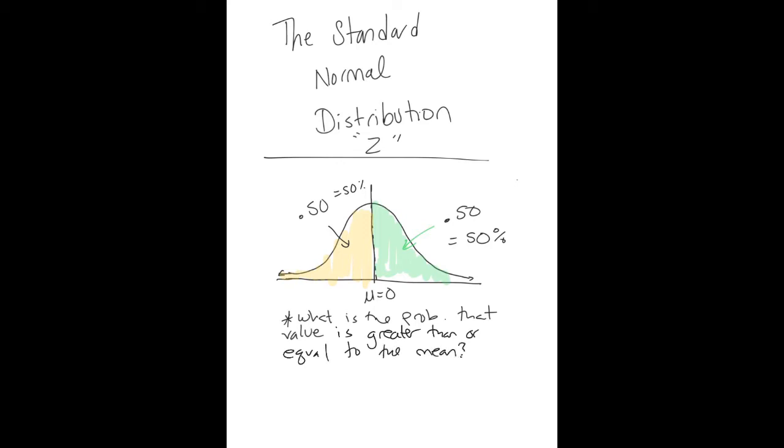So basically, if we look at the distribution, here's the mean, and if we're looking for an area greater than the mean, well, that's the 50% or 0.5 area greater than the mean.